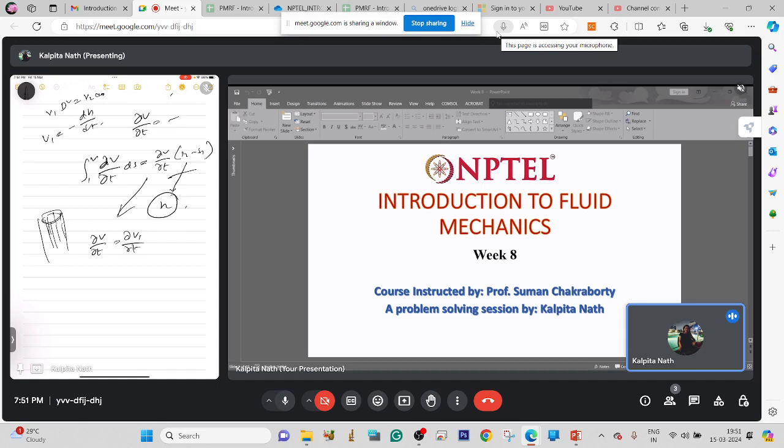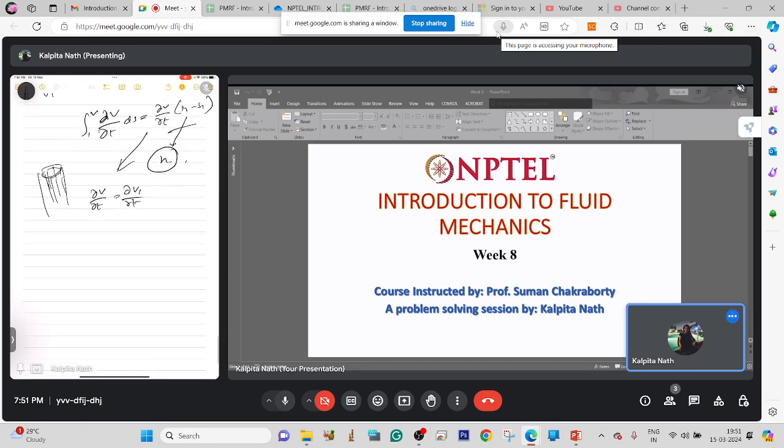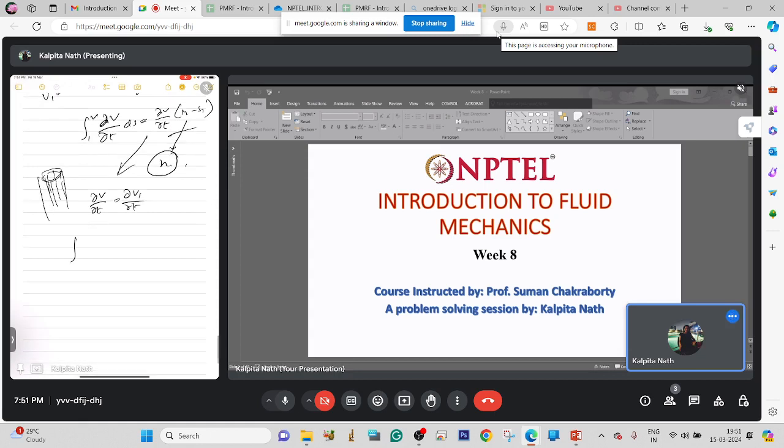Thus we can imagine that ∂V/∂t is equal to dV1/dt. That is wrong, but it gives an approximate idea of what is happening. So we can write the integral from 1 to 2 of ∂V/∂t ds as equal to dV1/dt times h.